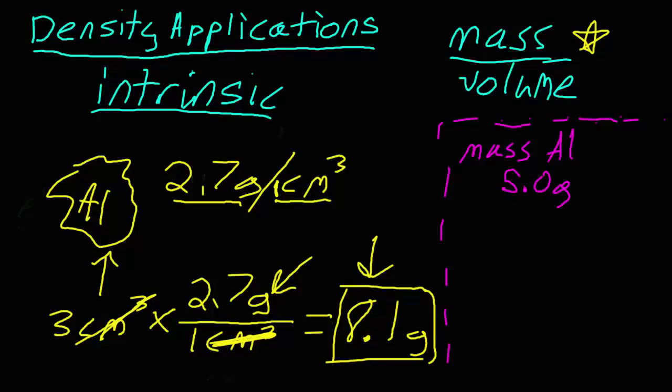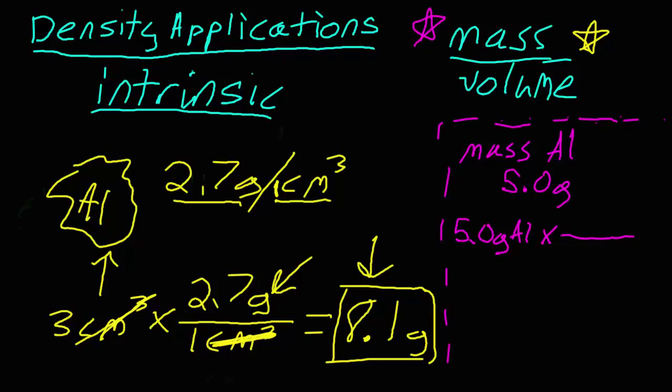I can use that mass of aluminum and my density, just like I did before, to figure out the volume of aluminum. So I'm going to set things up very similar. 5.0 grams of aluminum. We're going to multiply by that density fraction that we talked about earlier. But there's something important we need to talk about for a second.